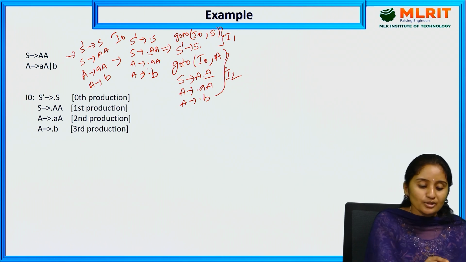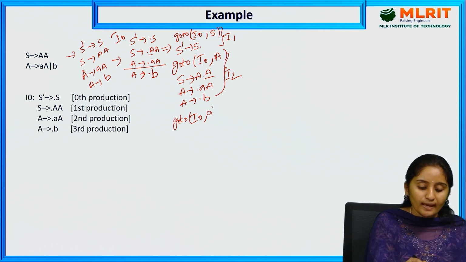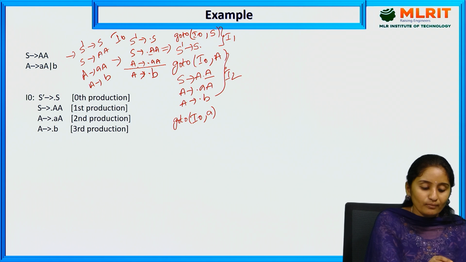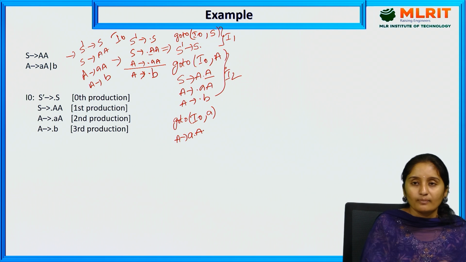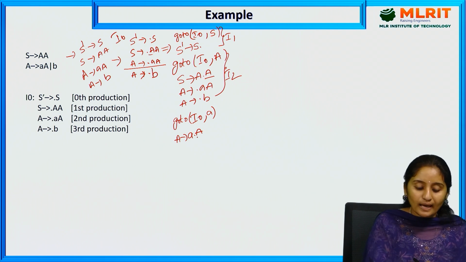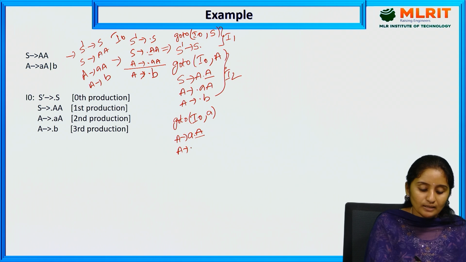The next one is goto I0 comma small a. The production is A tends to a dot A, with the dot moved to the next position. After the dot I have a non-terminal, so we need to write the non-terminal productions: A tends to dot aA, A tends to dot B. So what type of state is it?